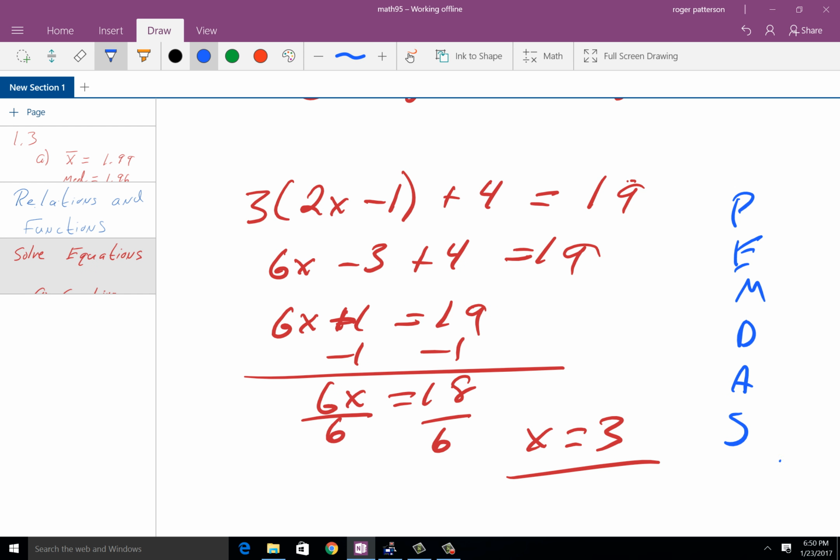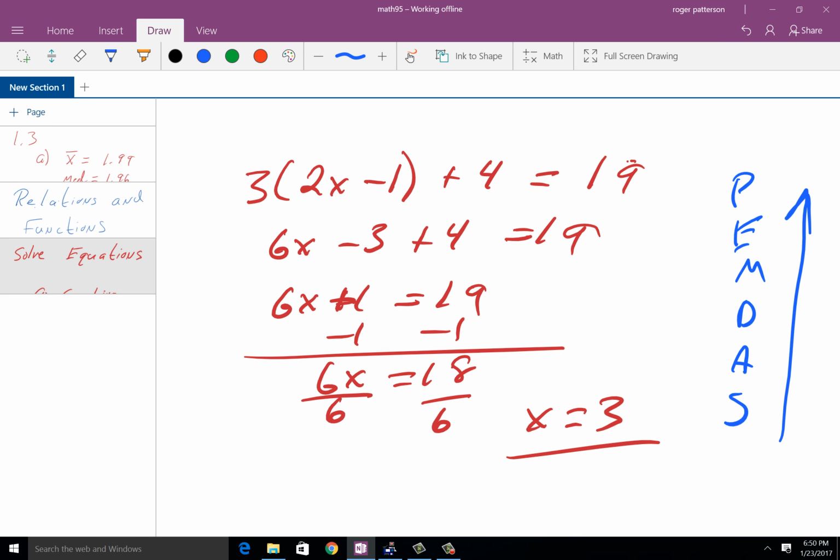So we could have subtracted 4, divided by 3, and done our parentheses last and got the same answer. But most people don't do it that way because you're gravitating to what you're comfortable with. But conceptually, that's what you're doing when you're solving an equation: you're doing this backwards. Usually when I talk about solving equations, I teach it that way so that you understand the concept. You want to try to work backwards with the operations.